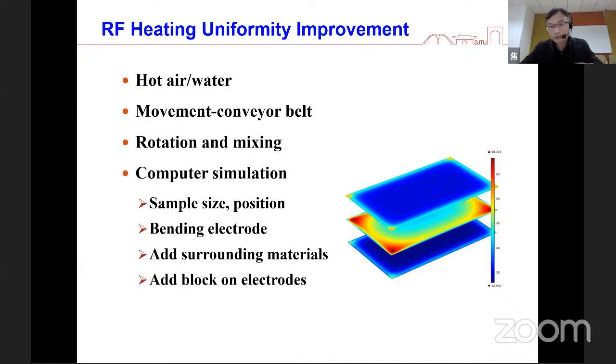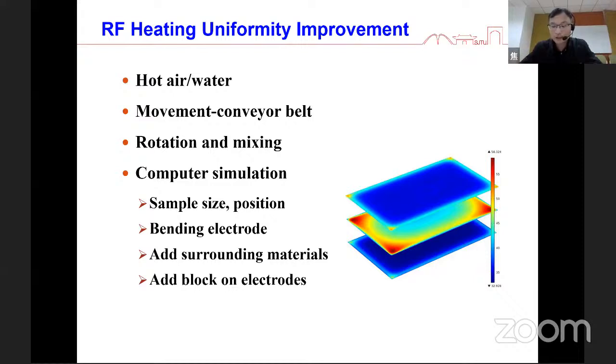So how can we improve the heating uniformity of RF heating? Actually, there are many kinds of methods proposed by scientists to improve the heating uniformity. On this slide, I list some of the methods, including using hot air or hot water to improve the heating uniformity, and also we can make the sample move during the heating, right?